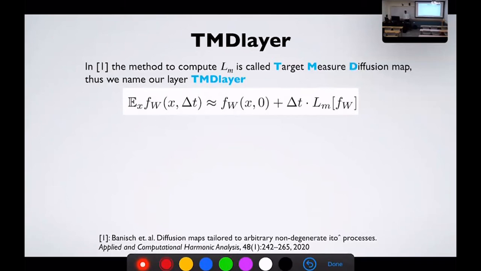Then you'll see that what you're actually computing is an expectation of the function value in the near future as prescribed by all samples' expectation. So F at a slightly future value is given by the neural network output for its own sample, and then you correct its prediction by this matrix.